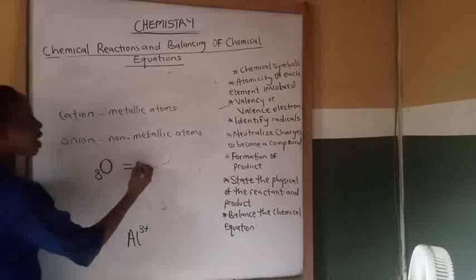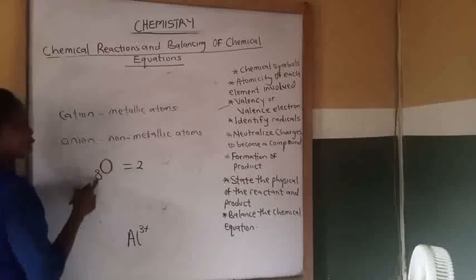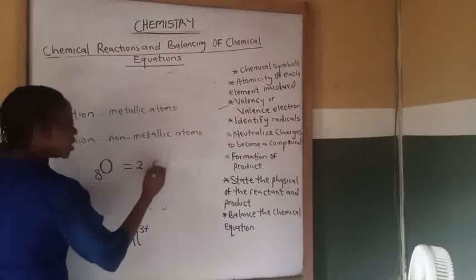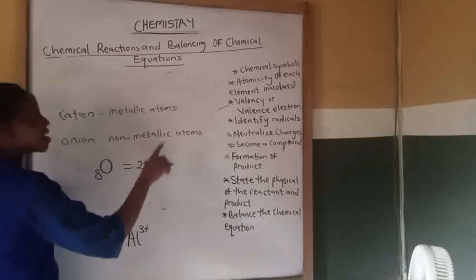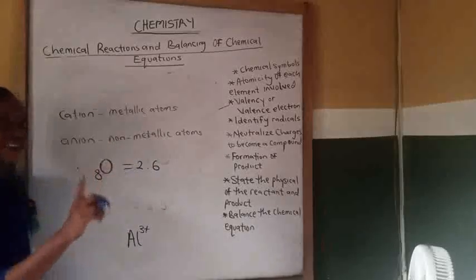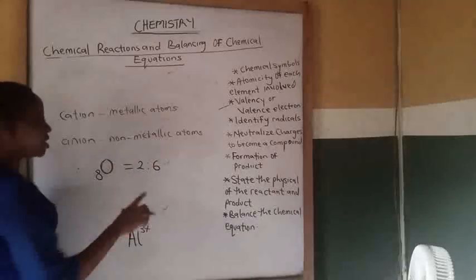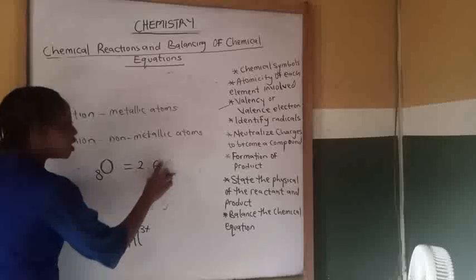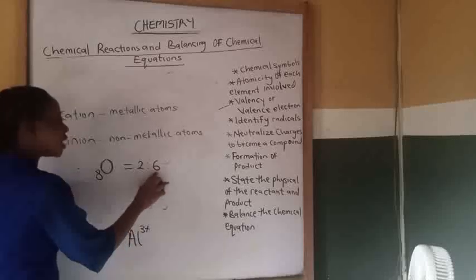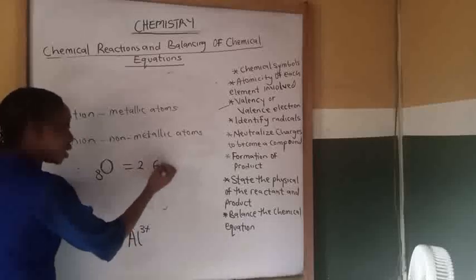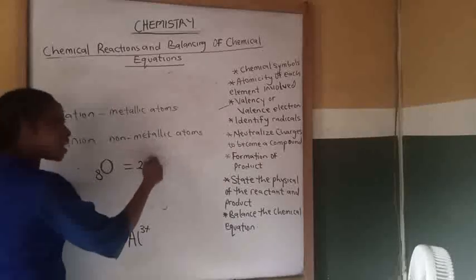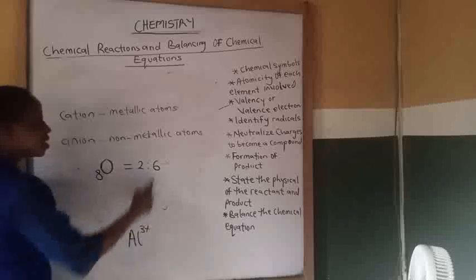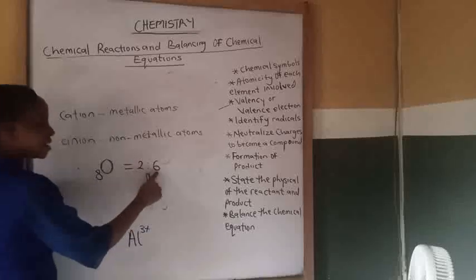The first shell will carry 2 out of 8, so 8 minus 2 gives me 6. The remainder is 6. Don't forget that from the second shell upward, we carry a maximum of 8 electrons. So 2, 6. You can see that the last shell is our valence shell. But this last shell needs 2 to balance that 8.